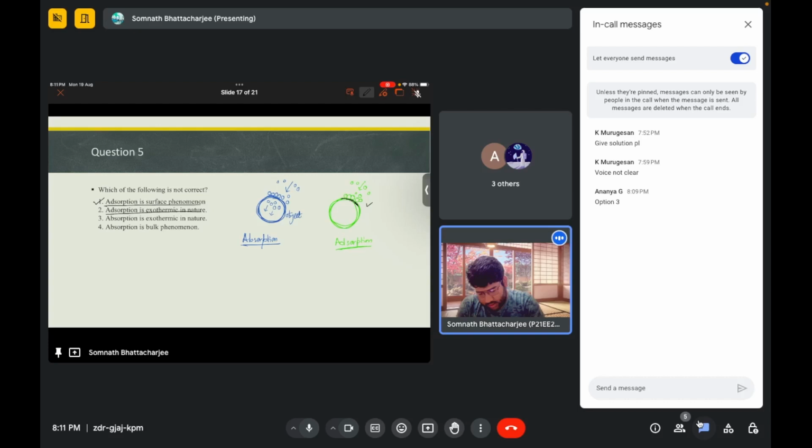So there's a production of heat as well due to the energy decrease of these adsorbent particles. So that's why it is an exothermic process.